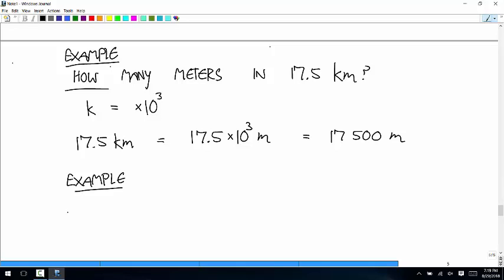Or, no, let's go the other way. How many meters are there in 50 millimeters?